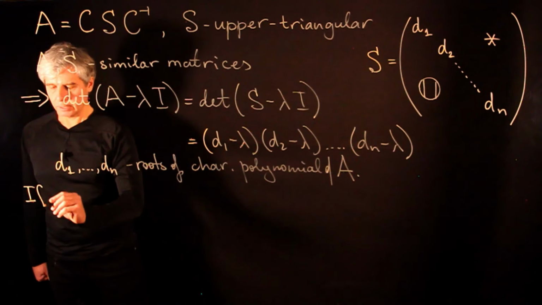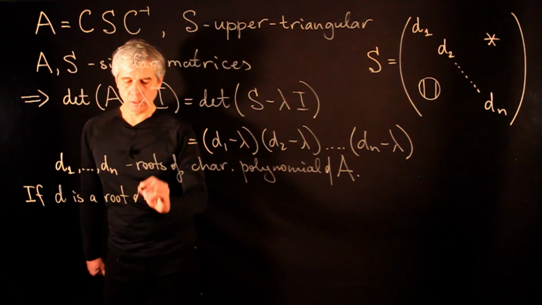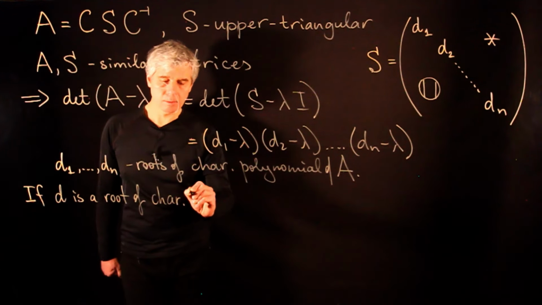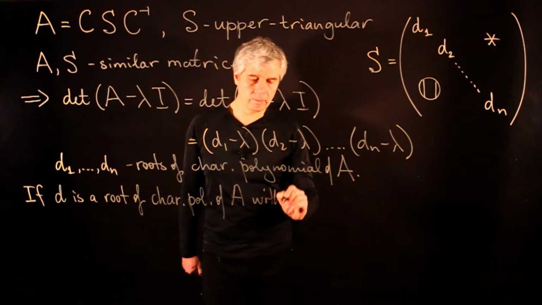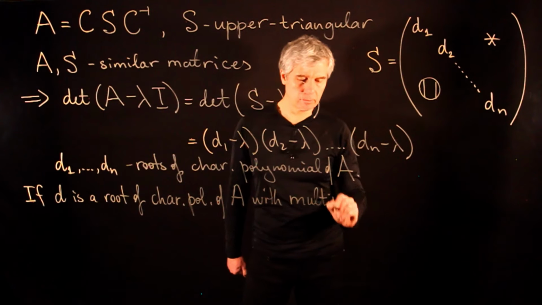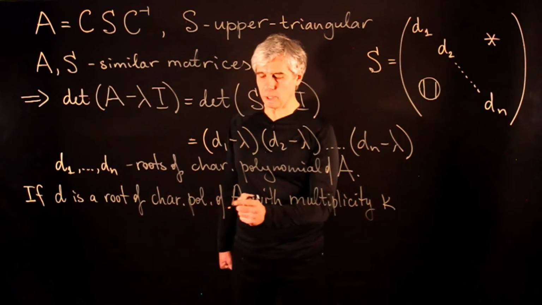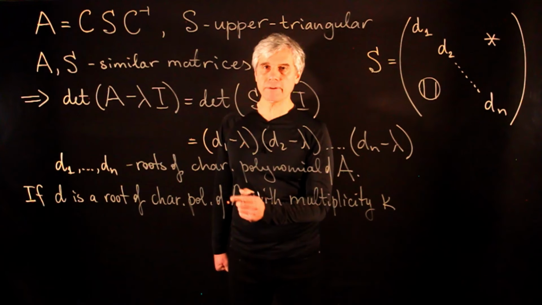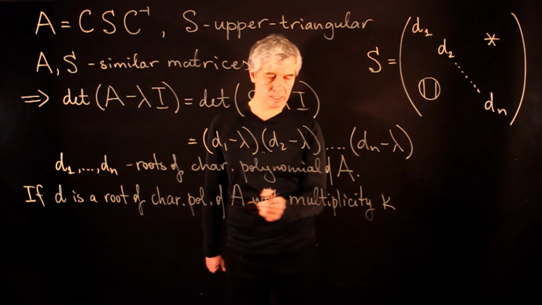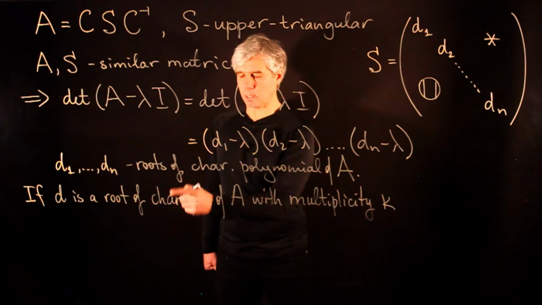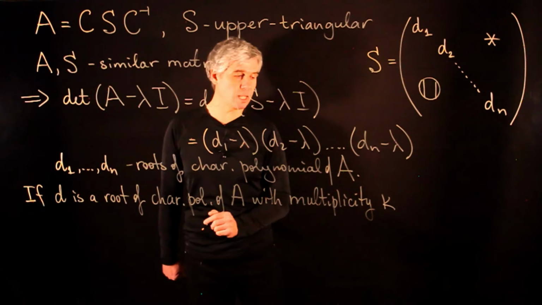So if D is a root of characteristic polynomial of A with multiplicity k, well, we know that over complex numbers, any polynomial factors into linear factors. So we say that this root D has multiplicity k if the characteristic polynomial has a factor of lambda minus D to the power of k.